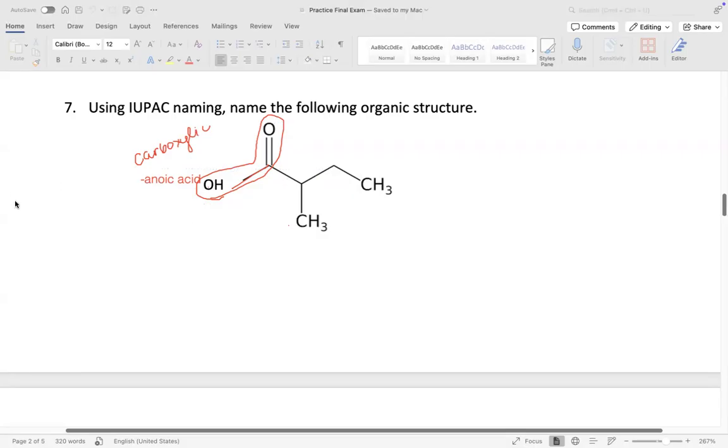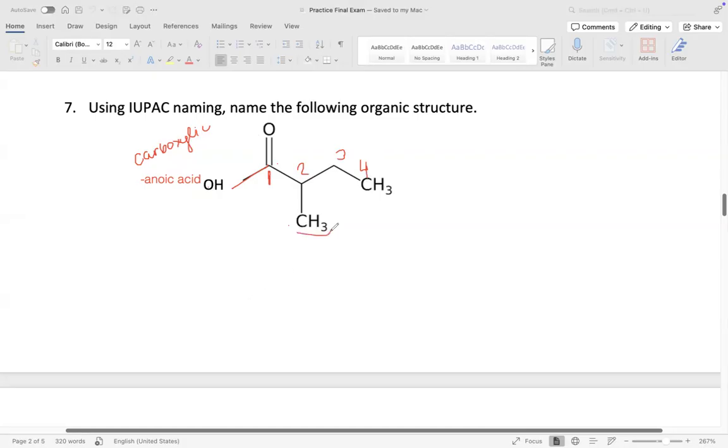My next step is to count the number of carbons in the main chain. Okay, so this is my first carbon, right? Because that's an oxygen and a hydrogen there. So this is my first carbon, and then we would go 2, 3, 4.